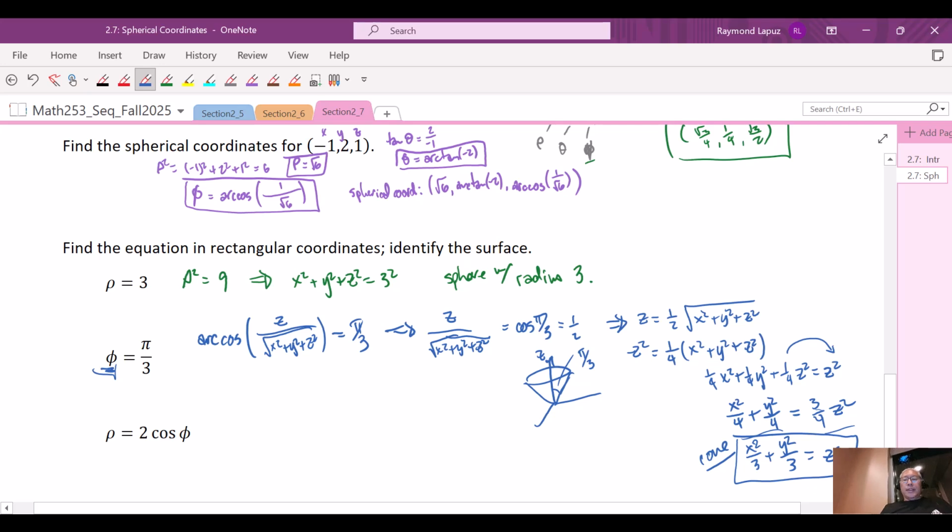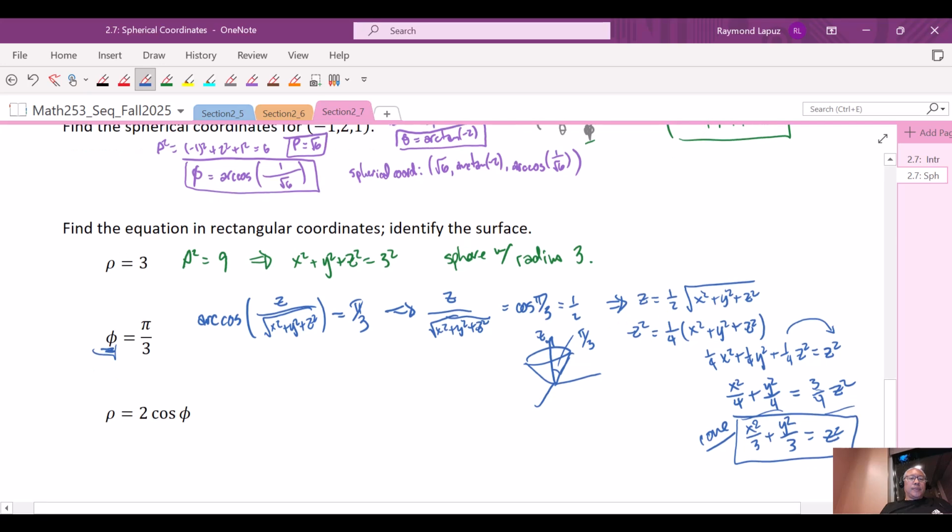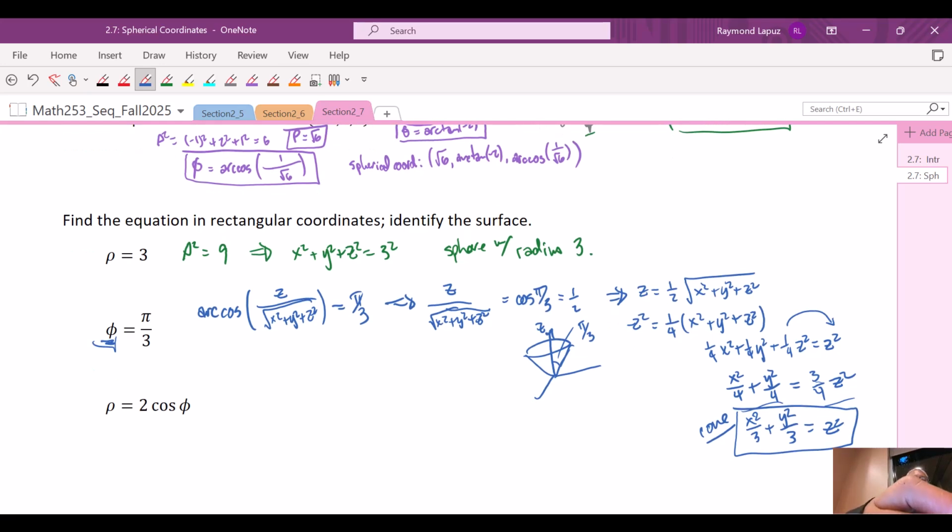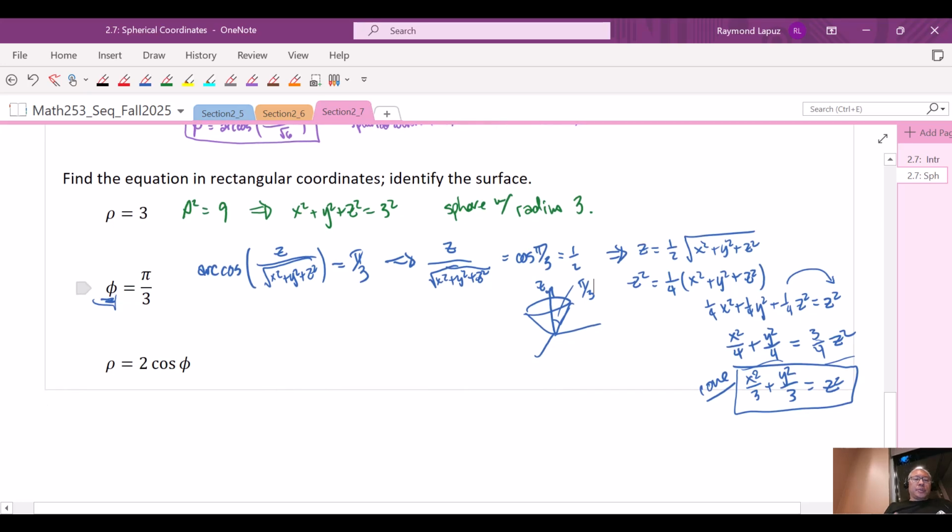Okay. All right, let's do one more, and we have this cosine. I think we saw this trick before with cylindrical coordinates, and what we can do for something like this is multiply both sides by rho.